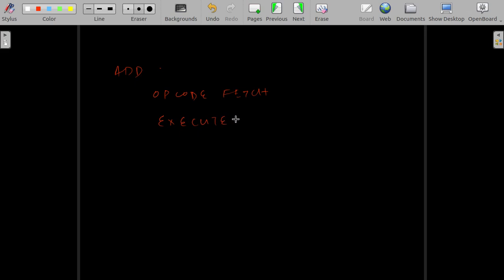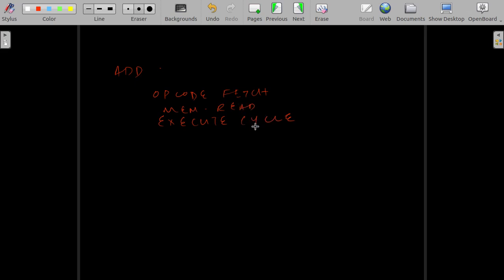Then you need an execute cycle, and depending on whether the operand is in a register or in memory, there can be a memory read operation in between.